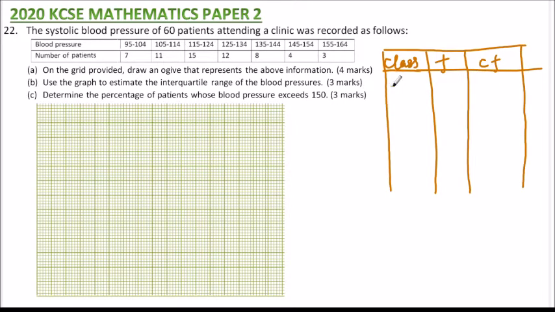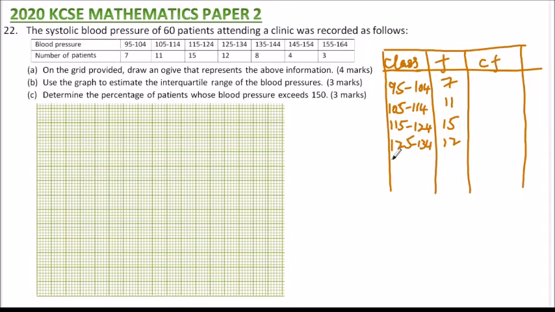So the class is from 95 to 104, the frequency is 7. Then we have 105 to 114, the frequency was 11. Then 115 to 124, the frequency is 15. Then 125 to 134, the frequency is 12.